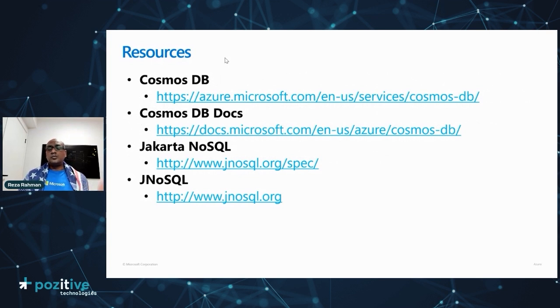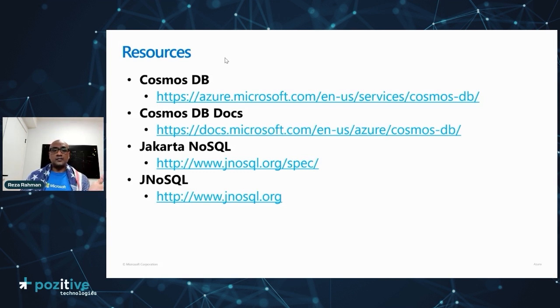A few resources I'll leave you with for today. If you want to learn more about Cosmos DB, one of the best places to do that is actually the Cosmos DB docs themselves on docs.microsoft.com, and there's a URL for that. Or if you wanted to read more about Cosmos DB at a higher level, you can do that at azure.microsoft.com, and there's a landing page for Azure Cosmos DB. The best place to learn Jakarta NoSQL is the spec itself.